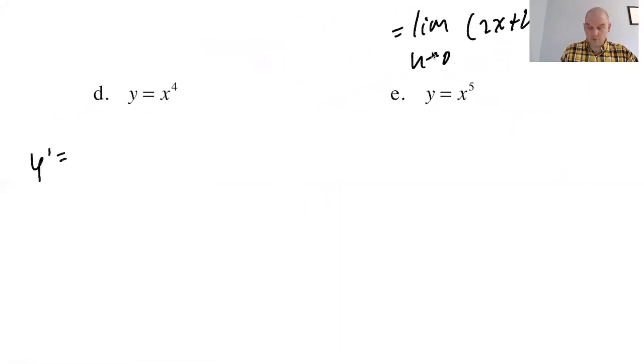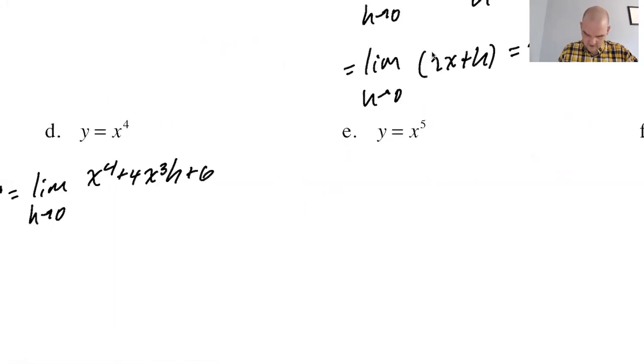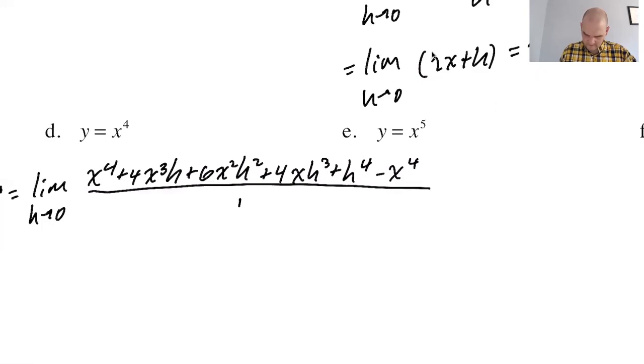Y prime, or dy dx if you prefer. It's a little slower. The limit as h approaches 0 of, all right, so it's 1, 4, 6, 4, 1. So it's going to be x to the fourth plus 4x cubed h plus 6x squared h squared plus 4x h cubed plus h to the fourth, and then minus x to the fourth over h.